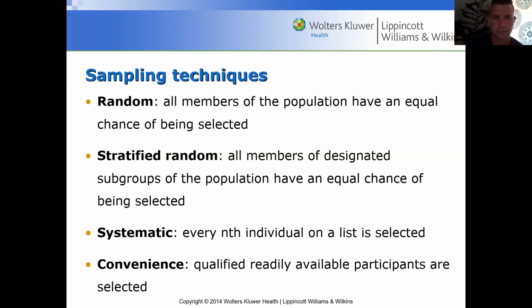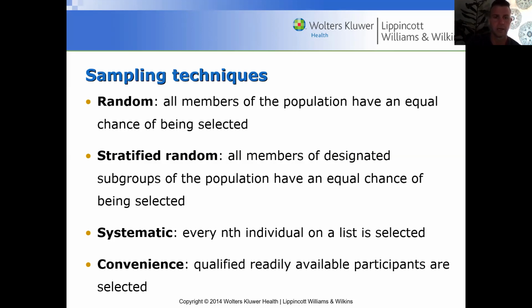Stratified random: all members of a designated subgroup of a population have equal chance. So again, if you were looking at African American women in Miami, everybody that fits the demographic of an African American woman in Miami would have an equal chance of being selected for the study.